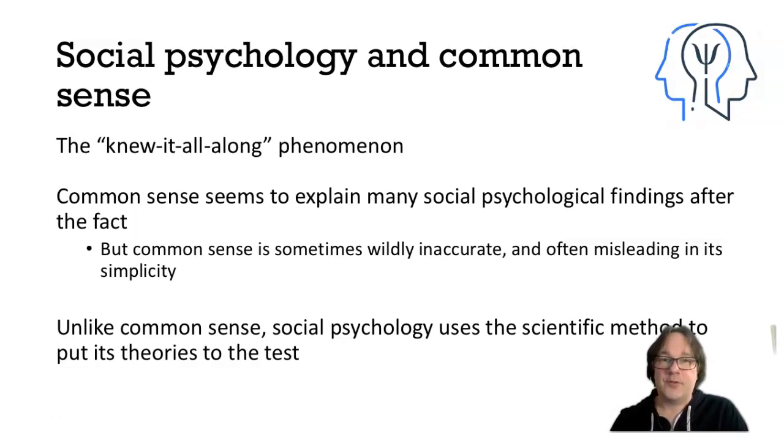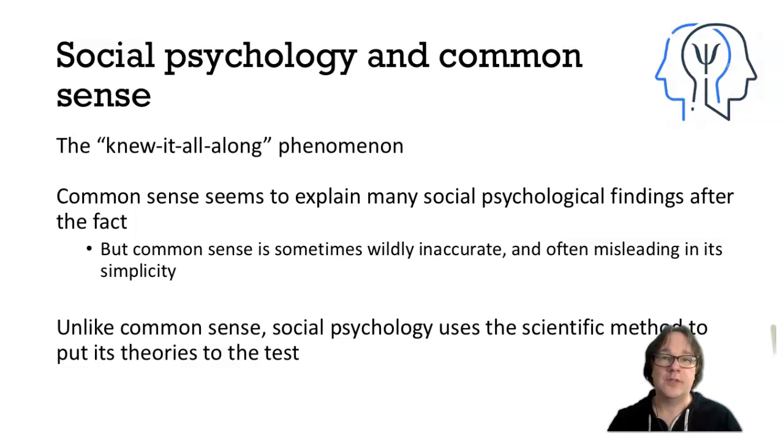And there's reasons for that, which we'll get to once we get to perceiving others and biases. Essentially, we tend to see what we expect to see, or what we want to see, right? But unlike common sense, social psychology, again, uses the scientific method to put its theories to the test.